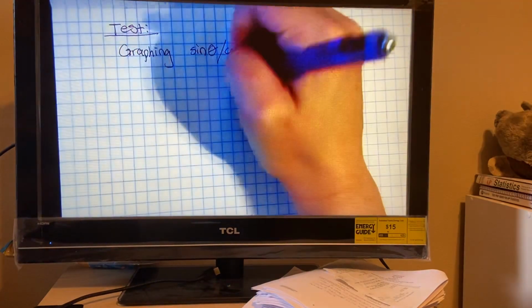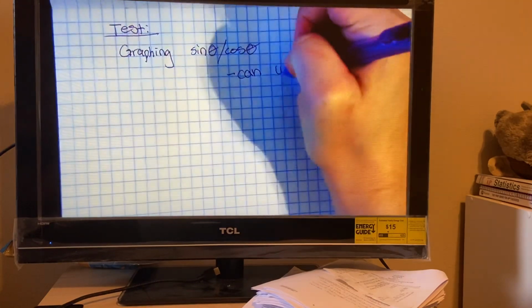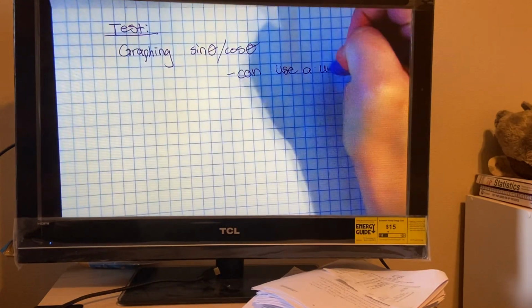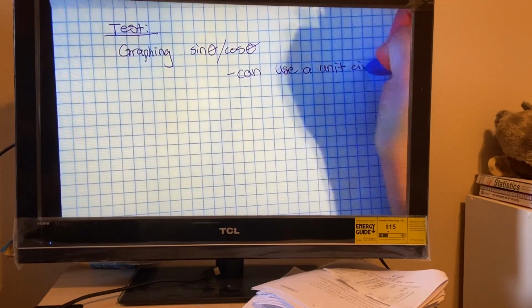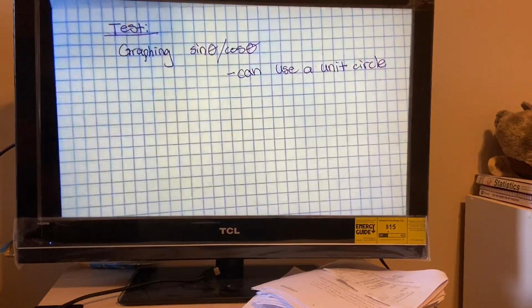You can use a unit circle. And that's it, okay? Otherwise, it's completely online, and I will put a permission slip that I'm going to send out to your parents. It's going to say that you made sure that your child did this test on their own and with just a unit circle.